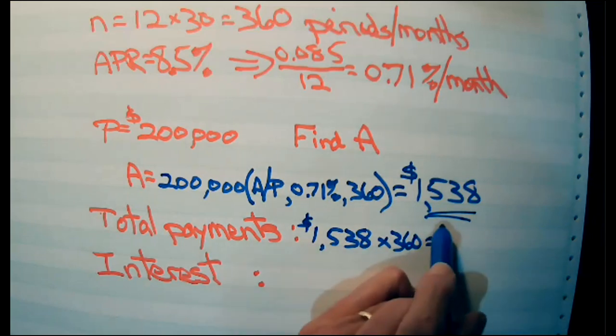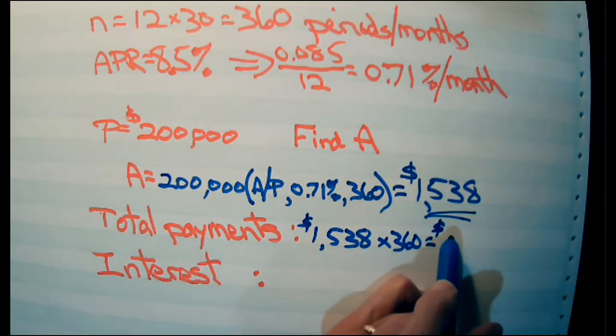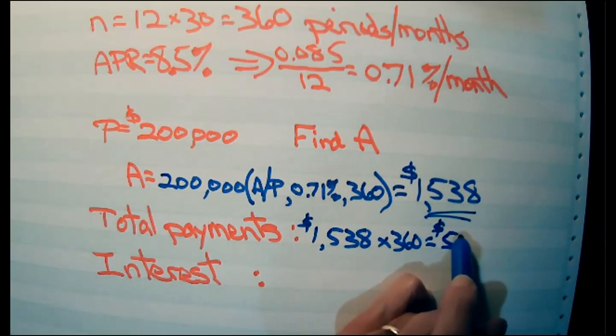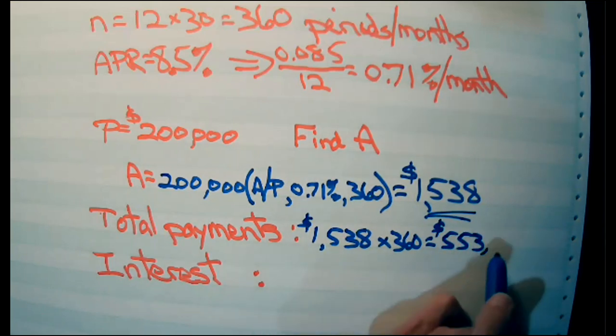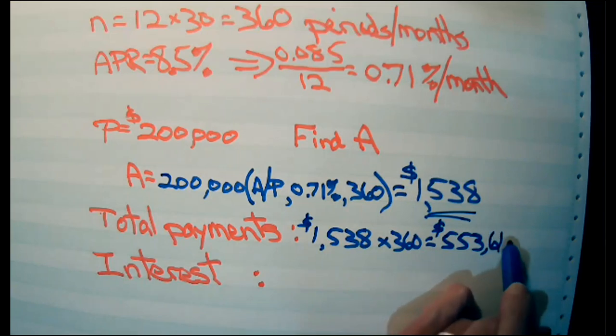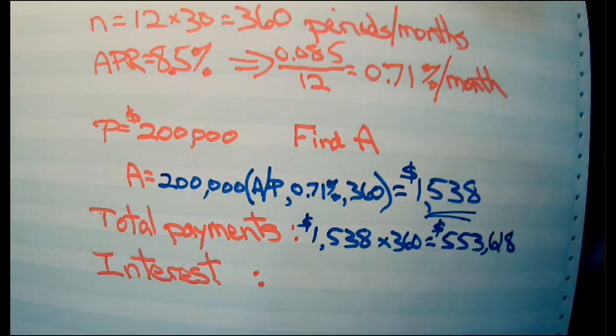The total dollars, you might be shocked to know, $553,618. You borrowed $200,000. In all, you pay back $553,618.